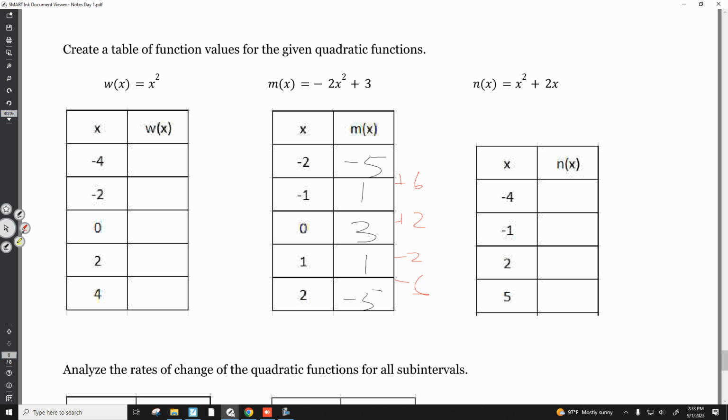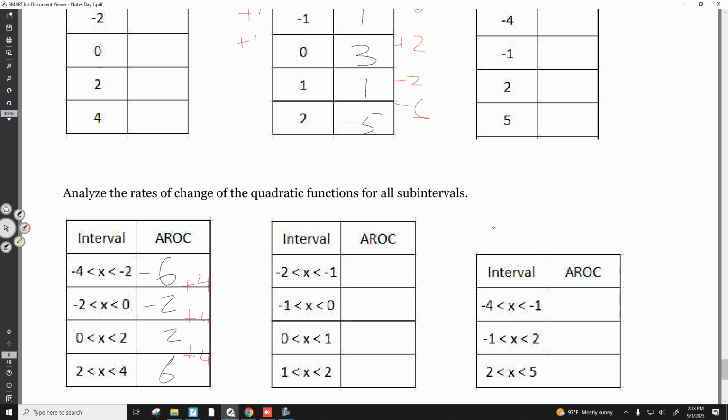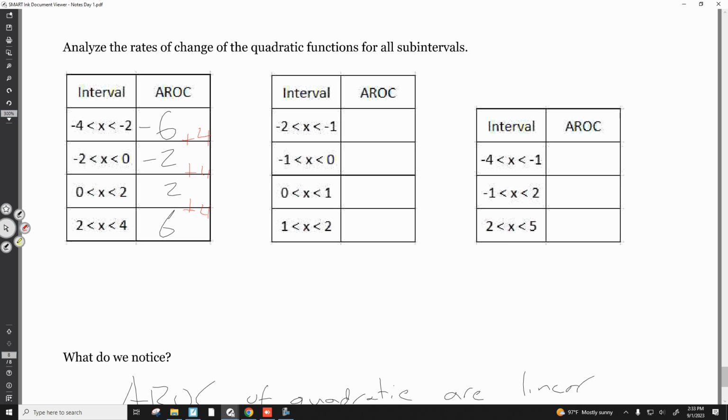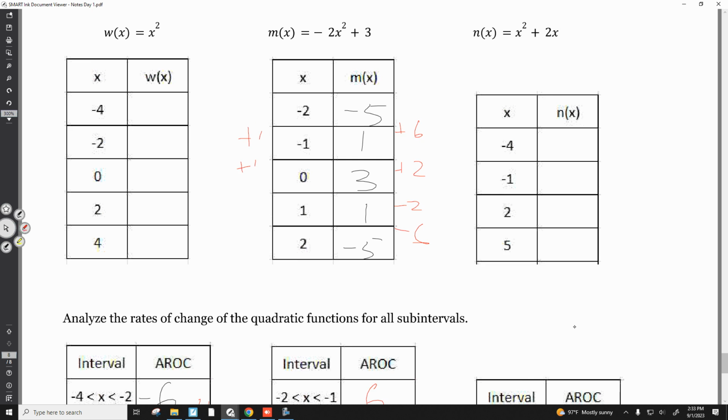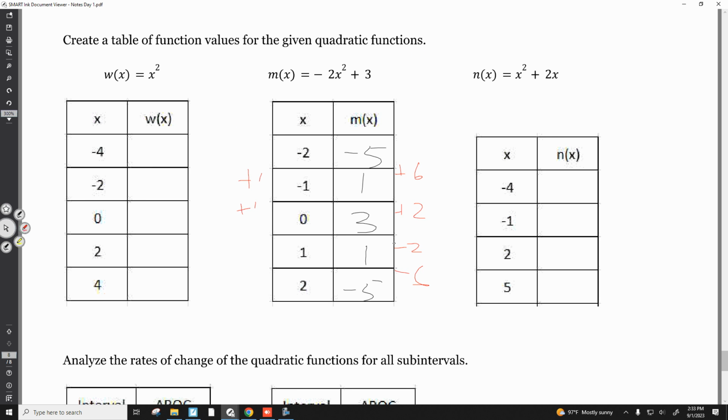All of these are over 1, plus 1, plus 1, plus 1. So those are my rates of change. 6, 2, negative 2, negative 6. Subtract 4, subtract 4, subtract 4. You can do the same thing here. You'd see that the rates of change consistently change.